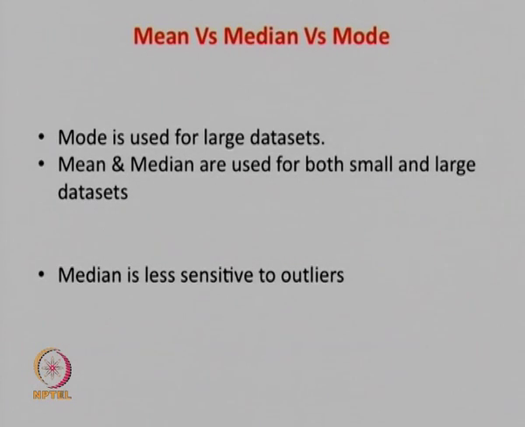There is another way of thinking about when to use mean, when to use median, and when to use mode. Okay. So, let us say you did experiments with two experimental conditions A and B, and you have obtained your data set, and you want to ask, do A and B differ?